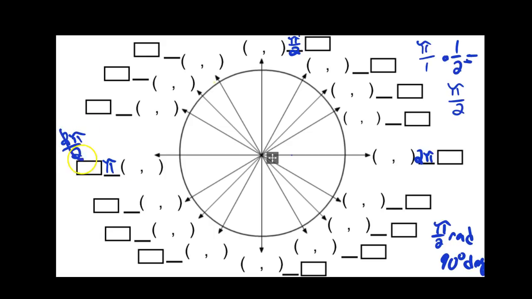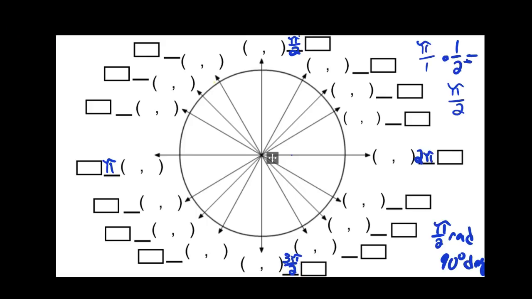And notice these 2's cancel and you get pi. And then coming down here, this would be 3 pi over 2. And if I kept counting, I'd get 4 pi over 2 right here. And 4 pi over 2 reduces to 2 pi. So that allows me to figure out this other angle down below.